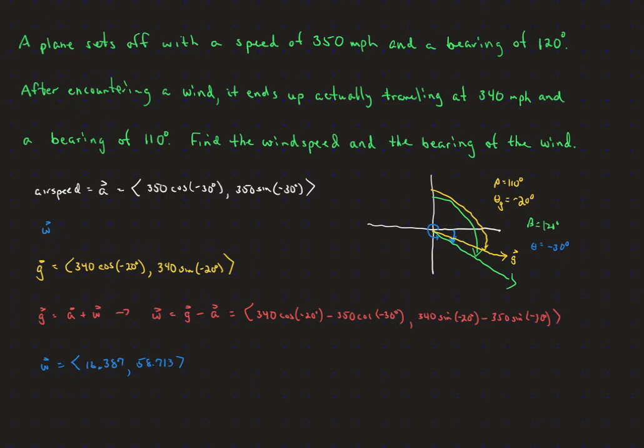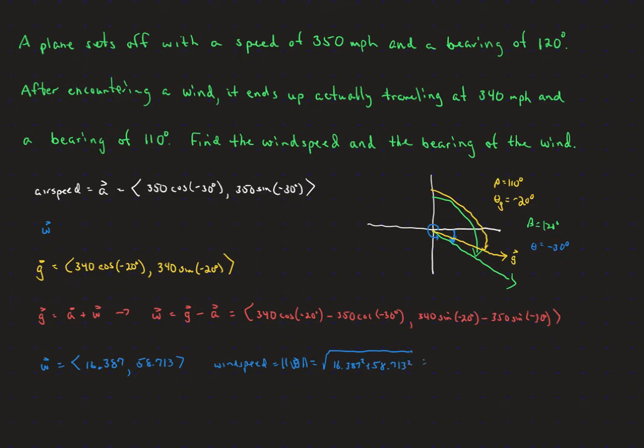We're trying to find its actual speed. So the wind speed is going to be the magnitude of this vector. And so I'm going to go to the square root of, and I'm not going to use the rounded version. I'm going to capture all the decimal places of accuracy here.